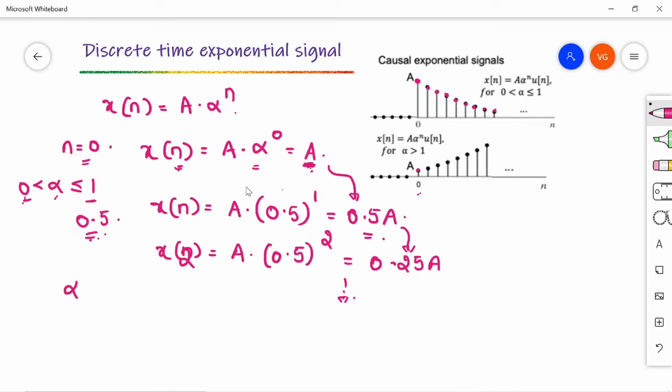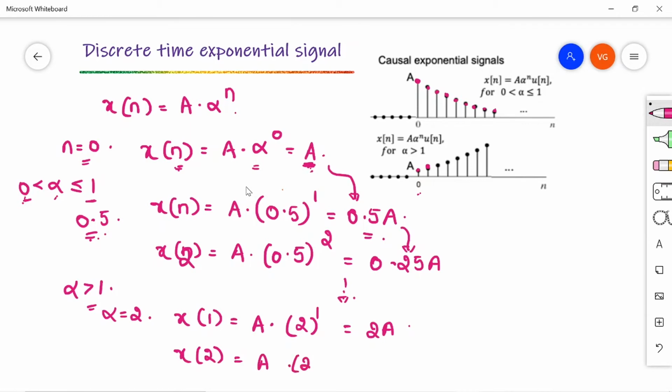Suppose if you're taking alpha greater than 1, take alpha equal to 2, then what happens? x of 1 is a into alpha per n, no? So that is 2 per 1, so 2a. So from a it is raised to 2a. Then suppose you are taking n equal to 2, a into 2 per 2, so it is increased to 4a.